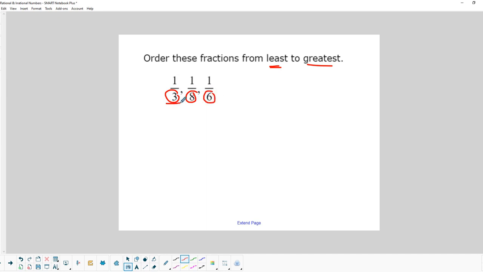Well, we know that a third's bigger, so that means that the 1/8 is going to be the smallest. So if I order these from least to greatest, I would have 1/8, 1/6, and 1/3. And that works especially well when you have a 1 on top, because you can compare those quite easily.